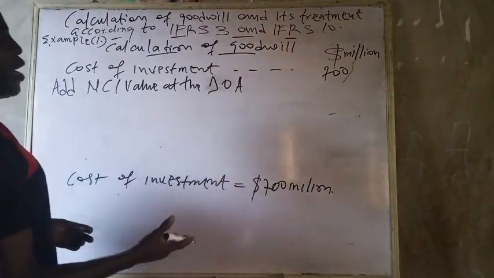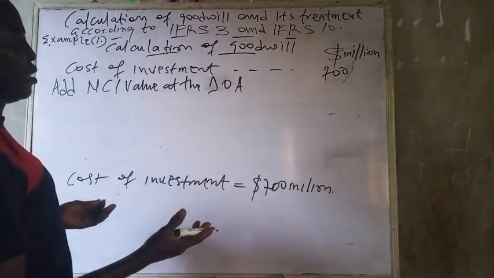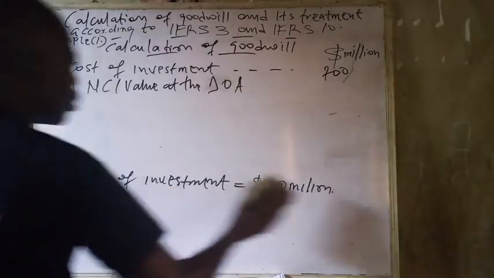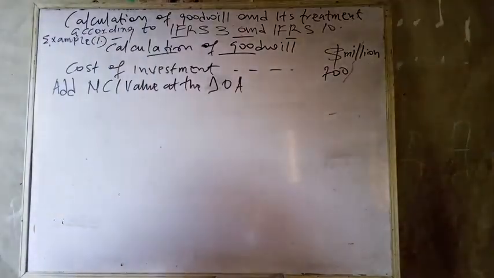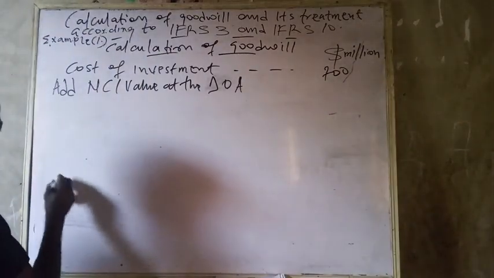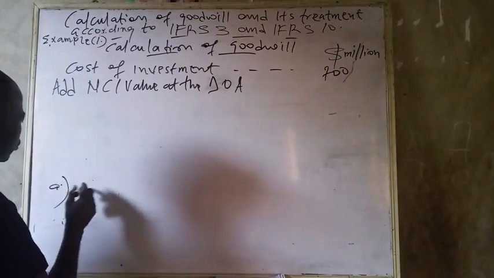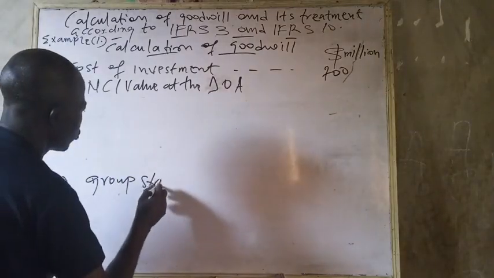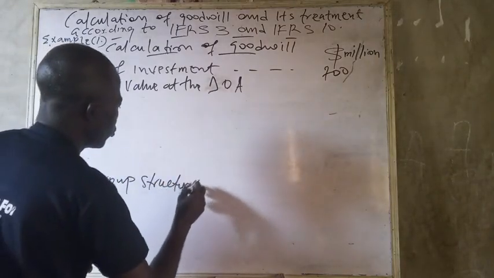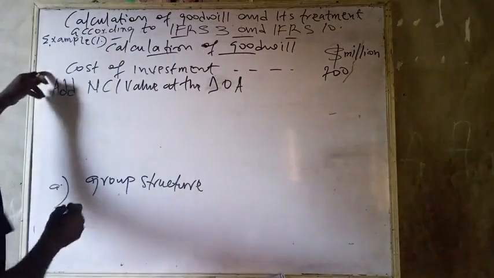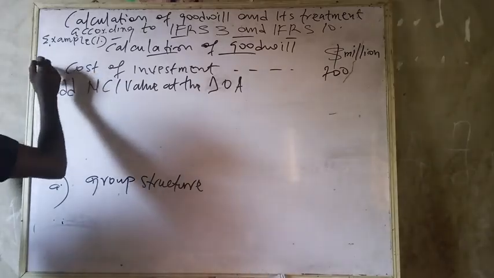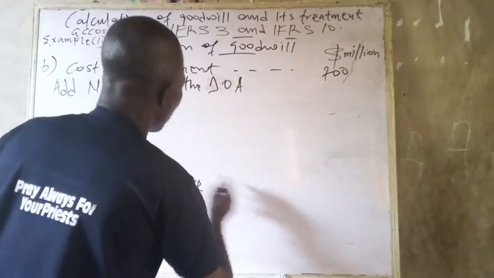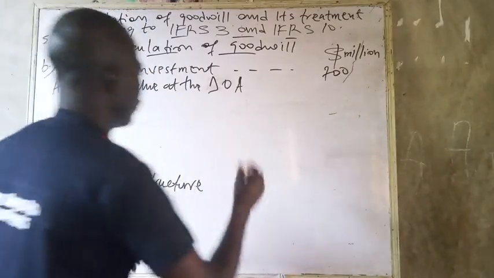The company acquired 80%, right? So let me quickly compute that here. That is A of the question, and this is B of the question. This is A. The group structure: who is the parent company?